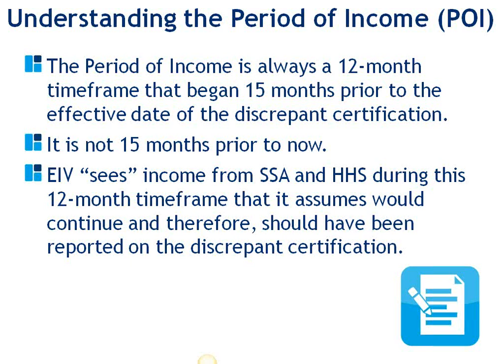And that's what I'm trying to illustrate for you with these August certs. If you had an August 2018 cert that was discrepant, EIV always thought that you would have been looking back to 5/1/17 through 4/30/18. That would be your period of income.